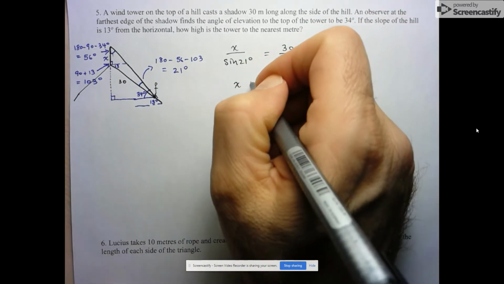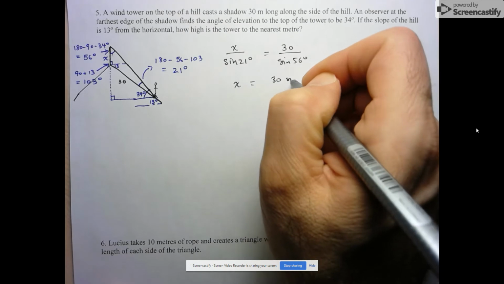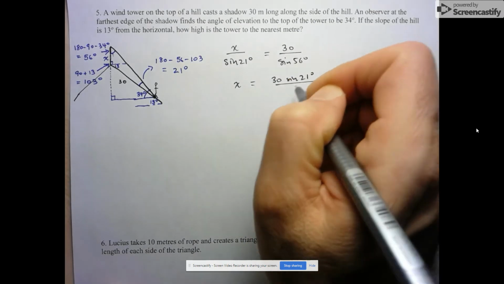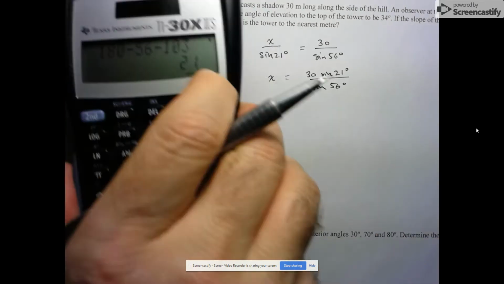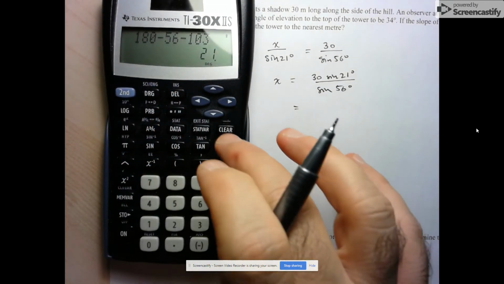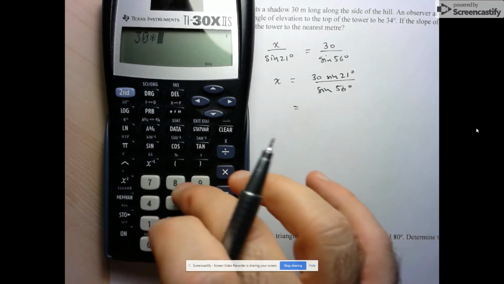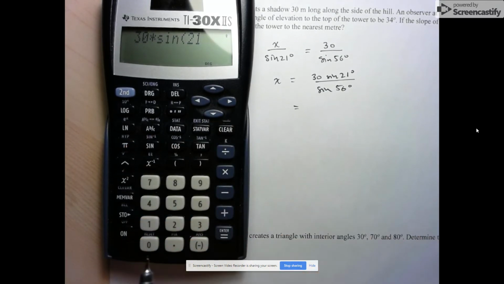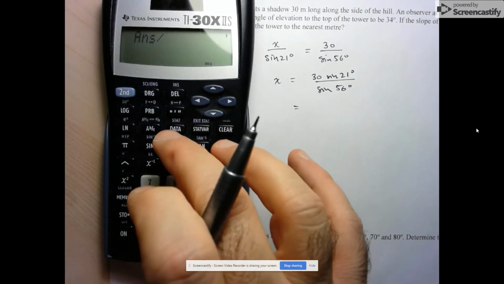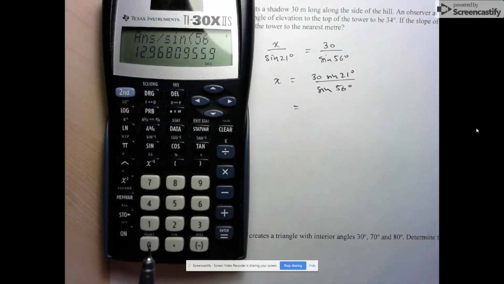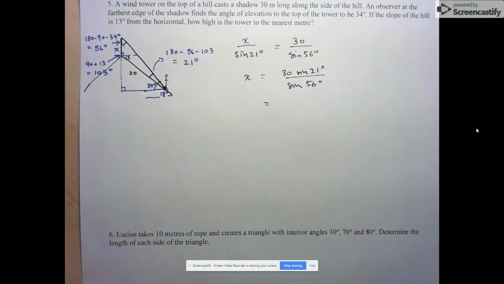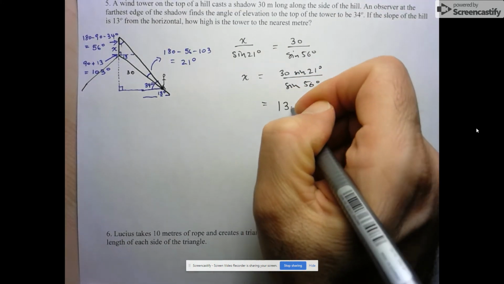And so x is just going to be equal to 30 times sine 21 divided by sine 56. And that's nice and easy to calculate. So let's do that here. 30 times sine 21 divided by sine 56. And here, 12.968. So we'll just make that an even 13 meters.